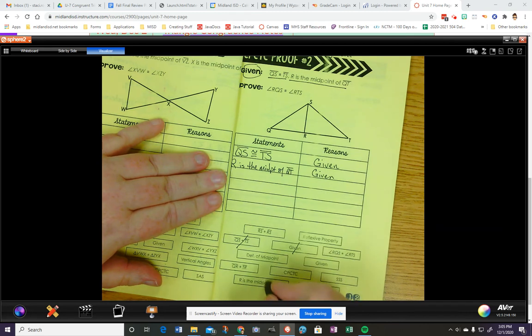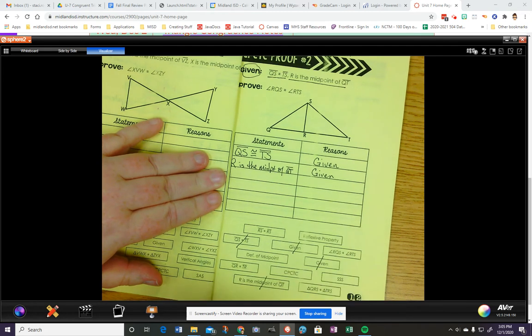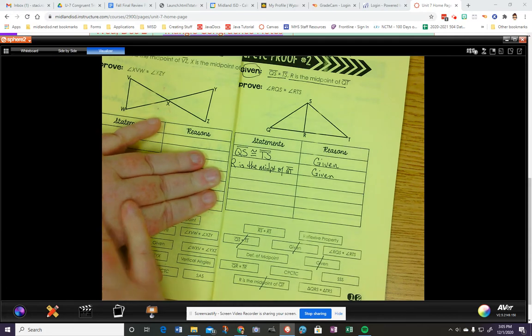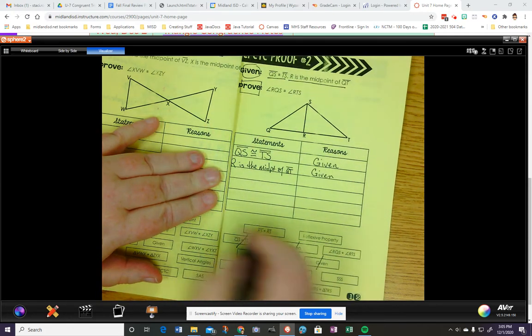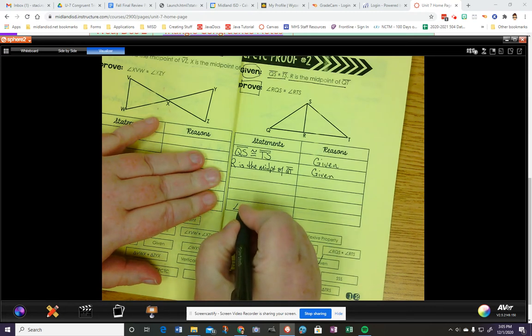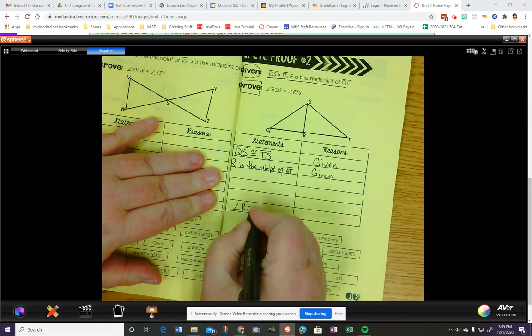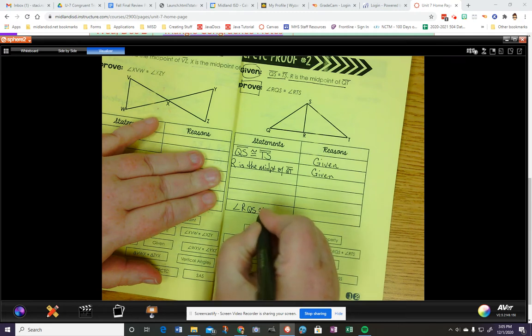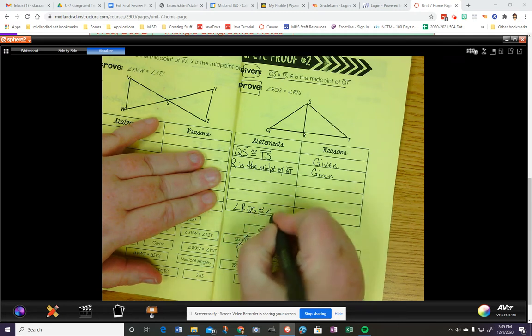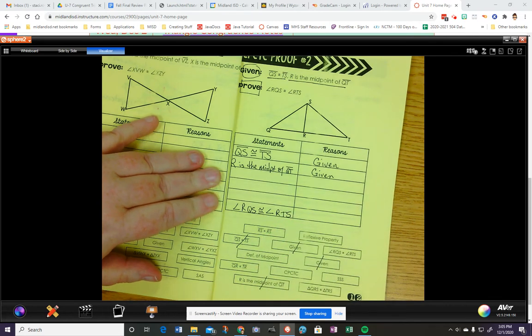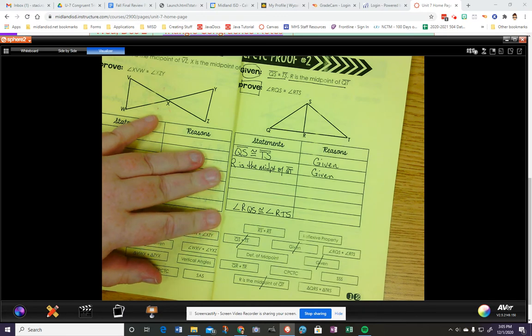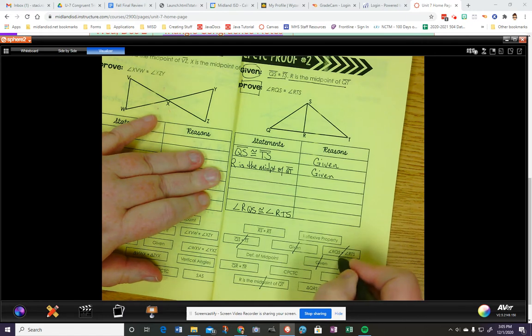R is the midpoint, and that is given. What's the bottom of our sandwich? The prove. Angle RQS is congruent to angle RTS. It's not a triangle this time, it's an angle. There it is.